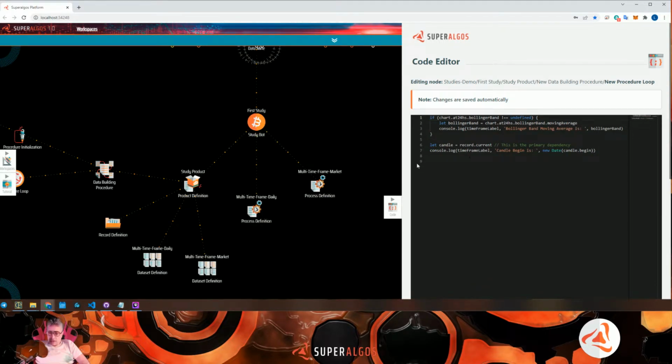So at every time frame, it's going to do the same logic. In this case, you have access from 1 hour to the Bollinger Band of 24 hours. That's the point that we want to prove here. What you do with that information is up to you. I'm just logging it.